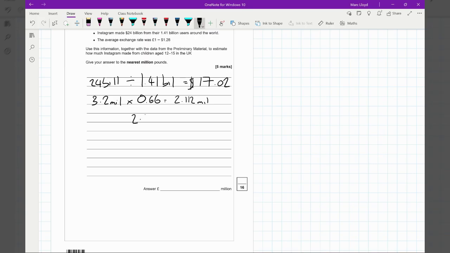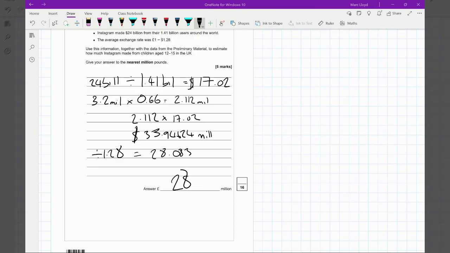And then that's going to be multiplied by the amount made per person, 17.02, which is 35.9462 million. But we're still in dollars, so we need to convert this back into pounds. So we're dividing it by 1.28 to 28.083, which means for me it's £28 million.